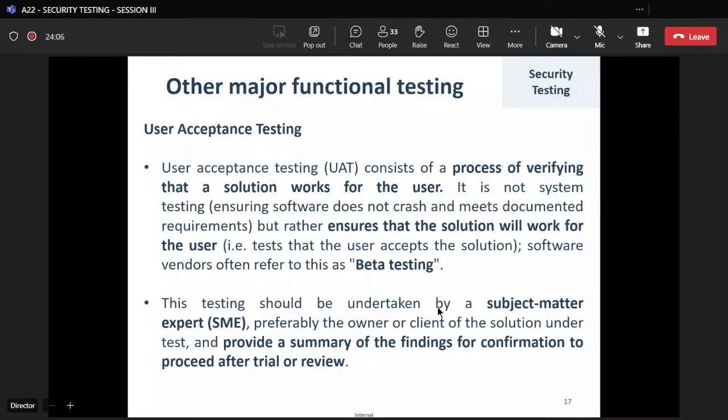They'll also provide a summary of the findings for confirmation to proceed after trial or review. So the UAT test is very important. There are also many software projects that may get delayed or denied if there are any challenges in getting successful results from the UAT.